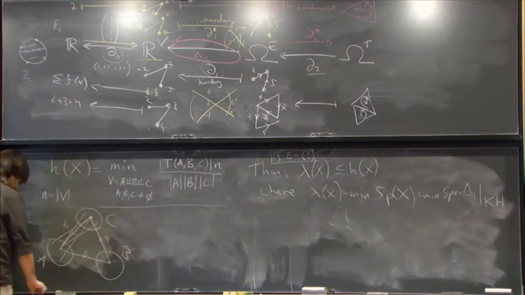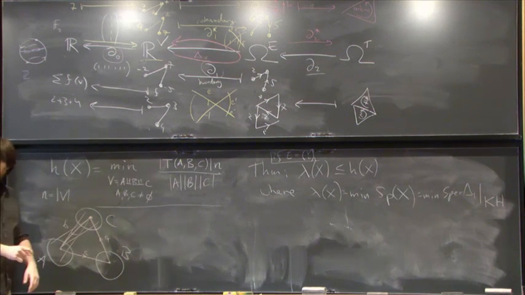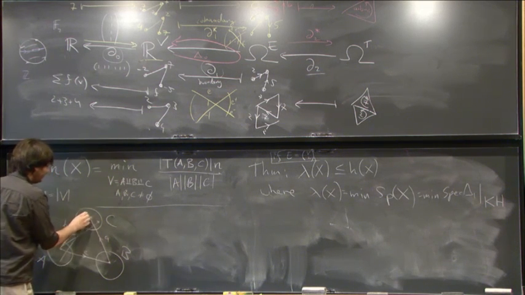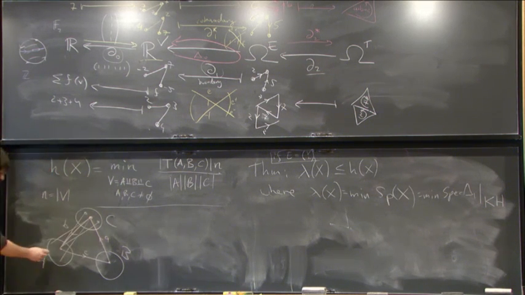Next week I will do the general case, which is harder. The triangles can be added. Yes, exactly. And this is super simple. The general case is harder, and I'll do that next week. But this is very, very simple.